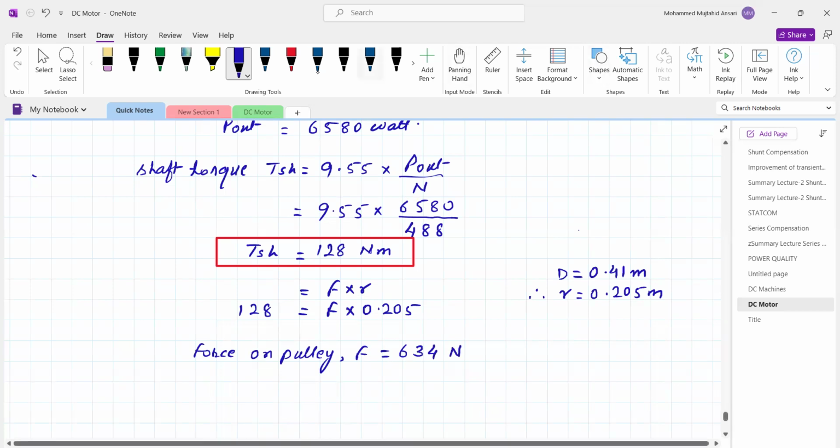So this is the answer for the given data.